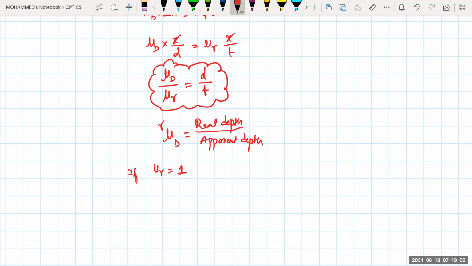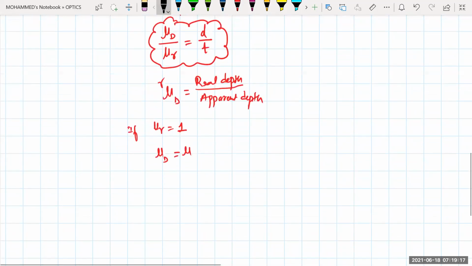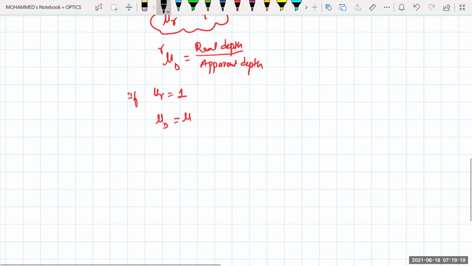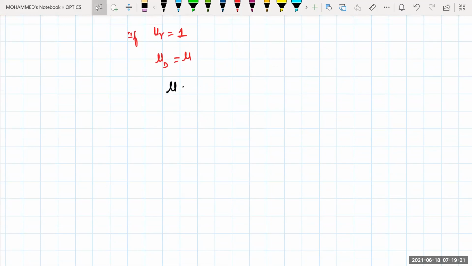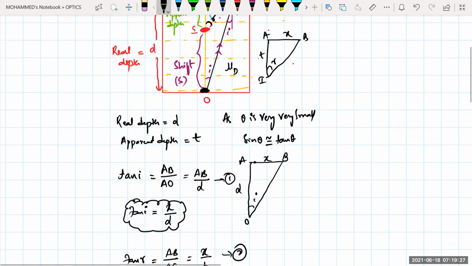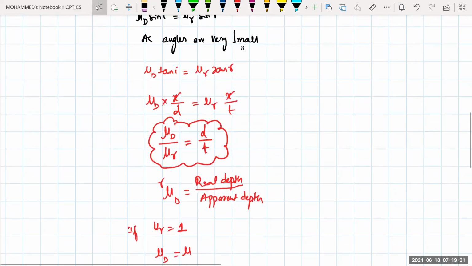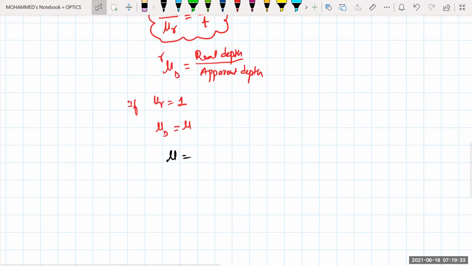If the refractive index of air is equal to 1 and the refractive index of the denser medium I am taking as mu, then this becomes the basic formula. The denser medium we can take as water, like light in a swimming pool.